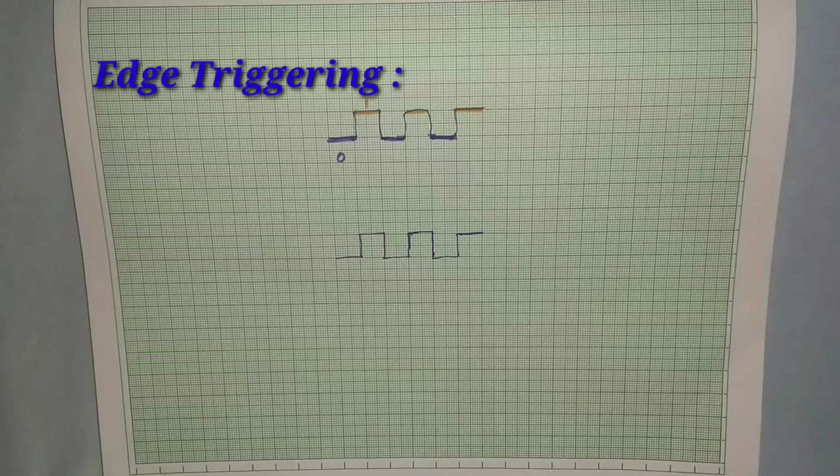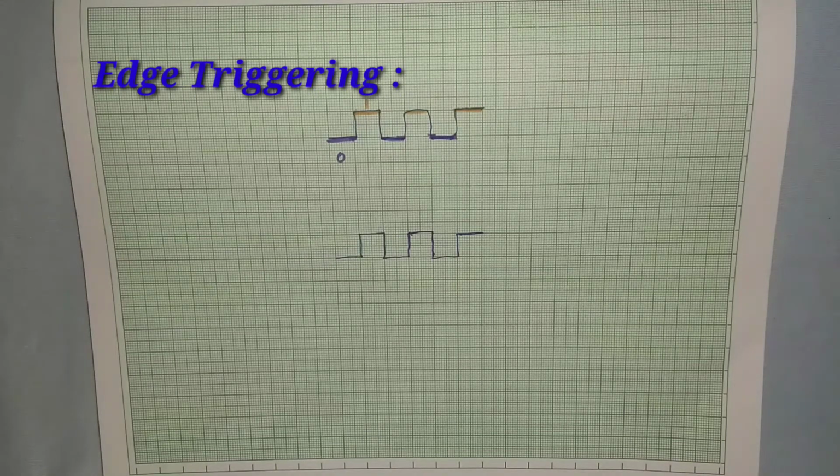So now let's see how edge triggering works and what it means. Edge triggering implies that a circuit is being switched on or triggered during the leading edge or the falling edge of the cycle. There are two types of edge triggering.